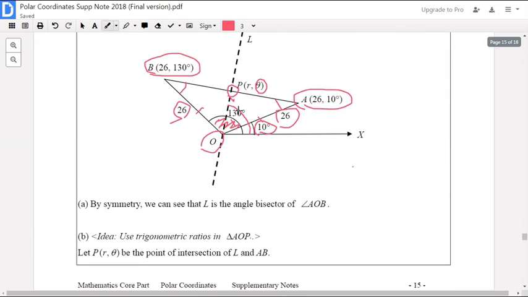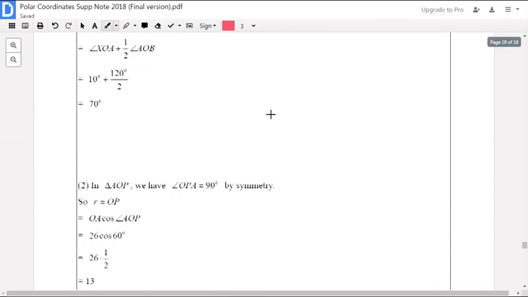And the remaining part, we should find r. We know theta, but we need to find r. That is the distance between O and P. And note that from trigonometry and plane geometry, the fact this must be a right angle, and OA is 26, and the red angle is 60, OP can be easily obtained from trigonometry.